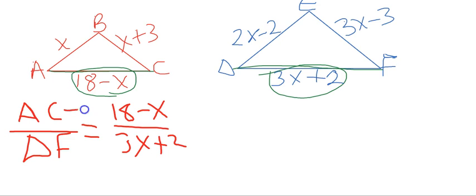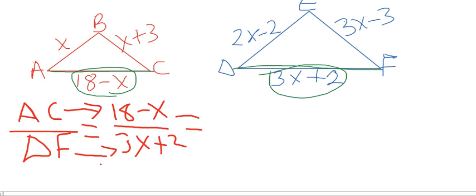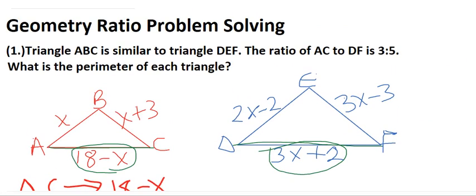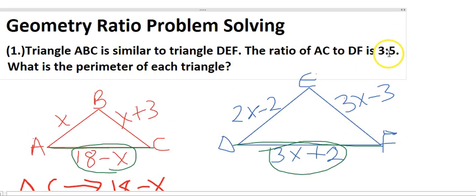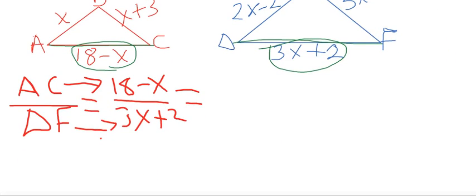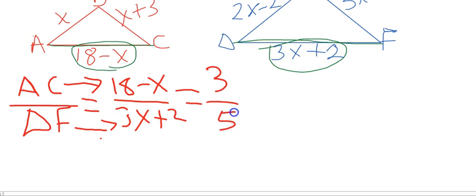So that AC has to go for that, and this has to go for that. And this is still equal to, we are given the 3/5. So the ratio is 3/5. Okay, so that can equal 3/5. Everybody okay at that point?